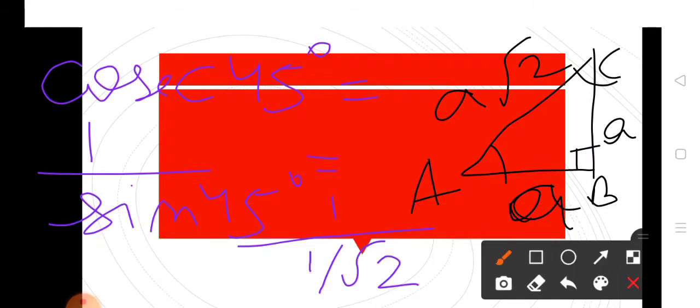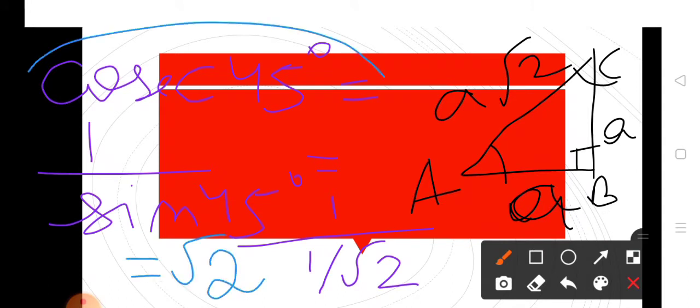You see here, root 2 will come above. So the value of cosec 45 degree is root 2. That is the reciprocal of sine 45 degree. Again here, I have found sine, cos, tan, cosec of 45 degree.